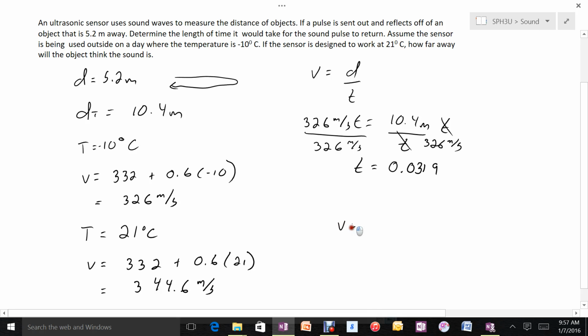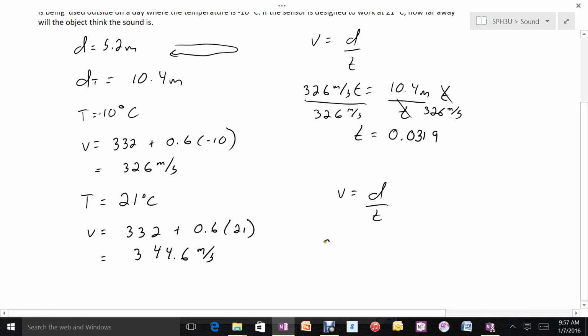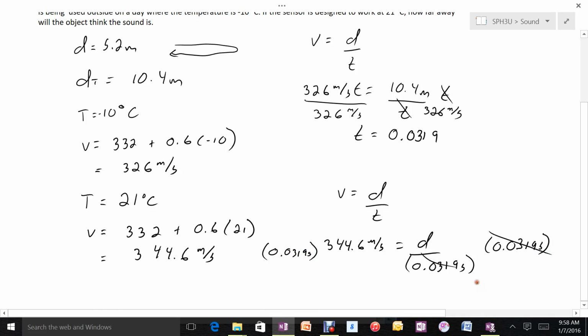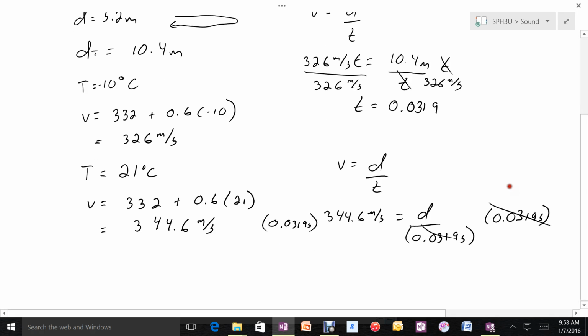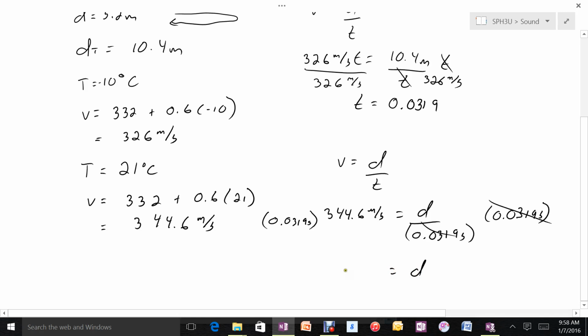So again, the sensor assumes that the sound is traveling according to uniform motion at a speed of 344.6 meters per second for a time of 0.0319 seconds. I multiply both sides by 0.0319 seconds, and I get a distance of 10.99 meters.